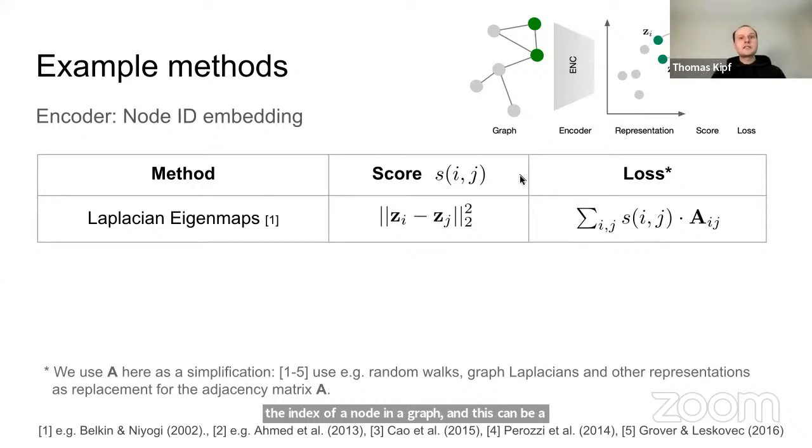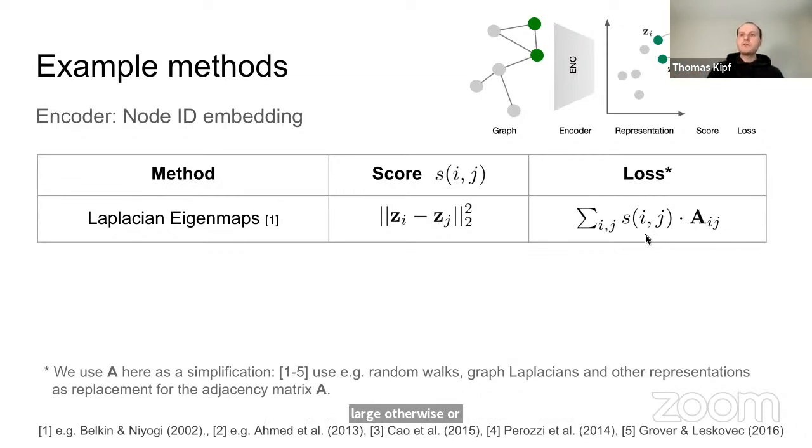Then some simple techniques you can view under this scoring function interpretation. For example, there's a technique called Laplacian eigenmaps, which you can understand as optimizing the following score function, which is the squared Euclidean distance between two nodes, zi and zj. It wants this distance to be small, or close to 0, when two nodes are connected in the graph, and no particular loss otherwise.